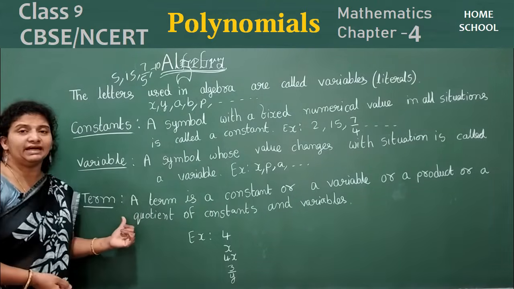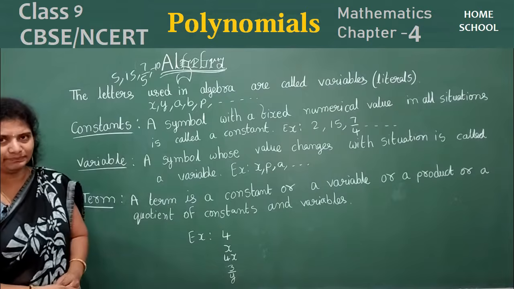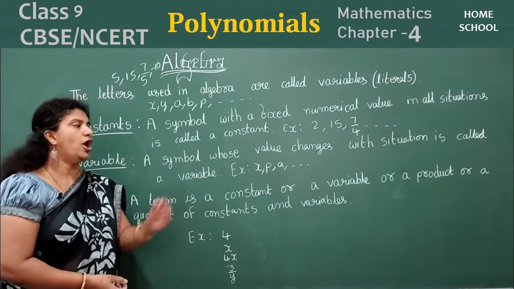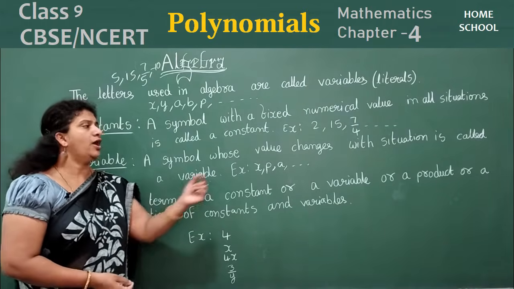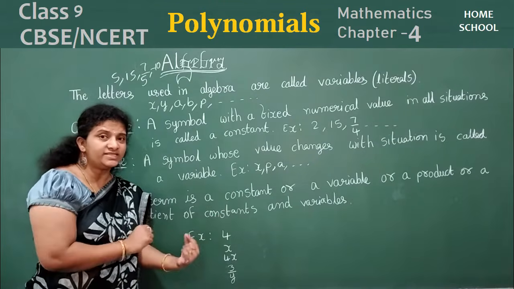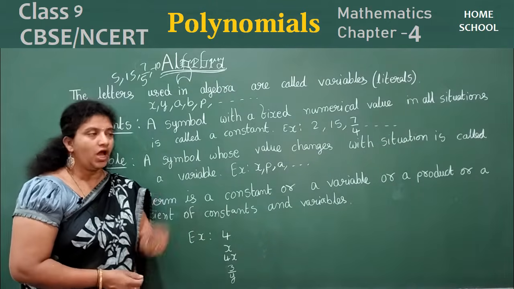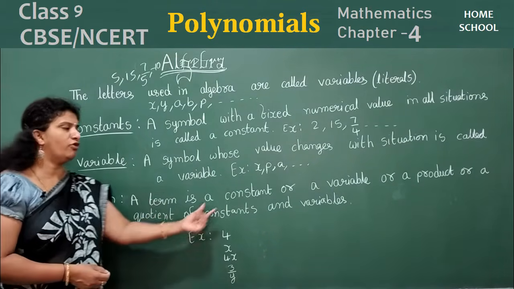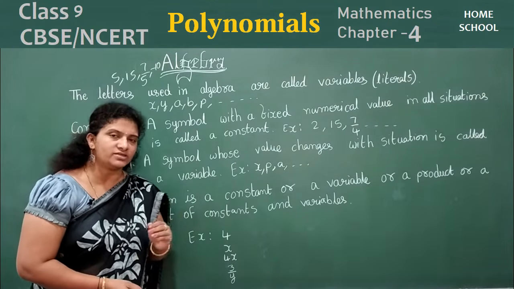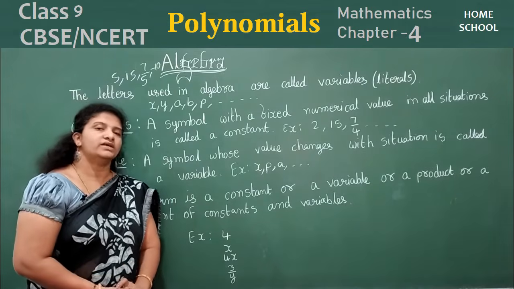So next, a term. What is a term? A term is a constant or a variable or a product of what? Constant and variable, or a quotient of constants and variables. These are what we come across in this chapter. What is a constant?